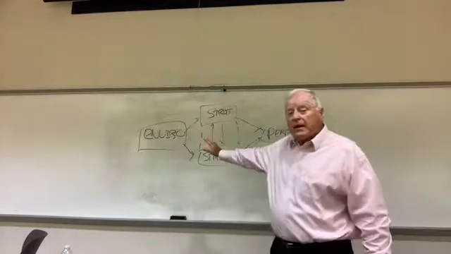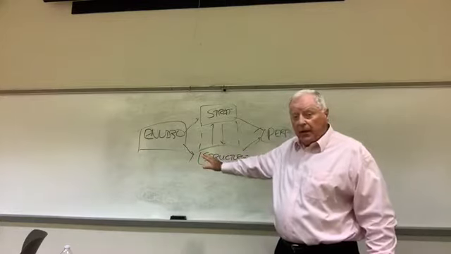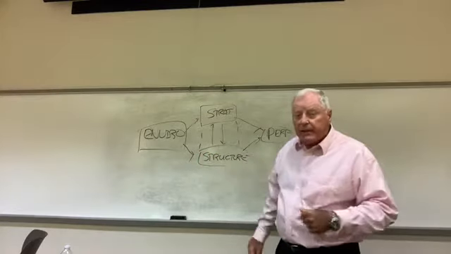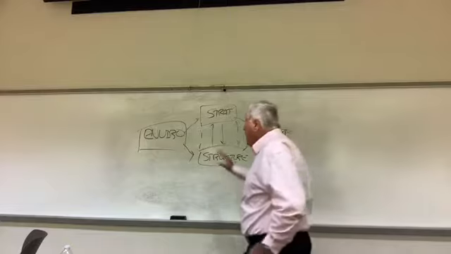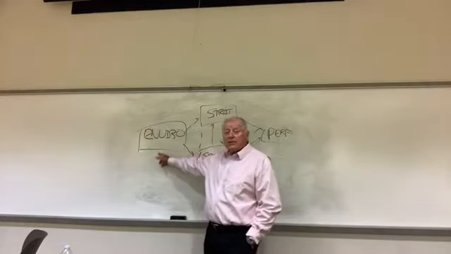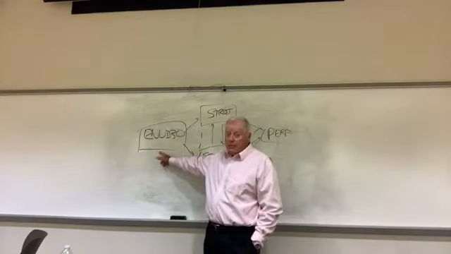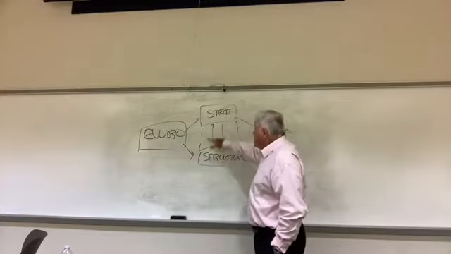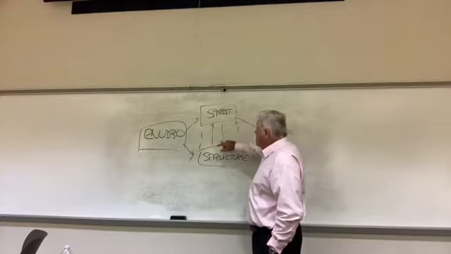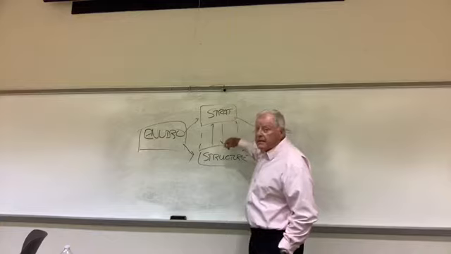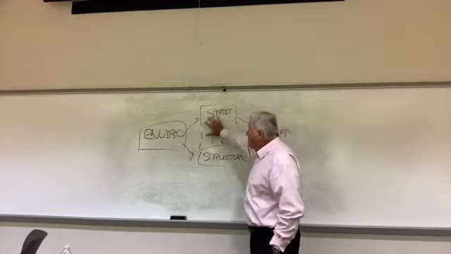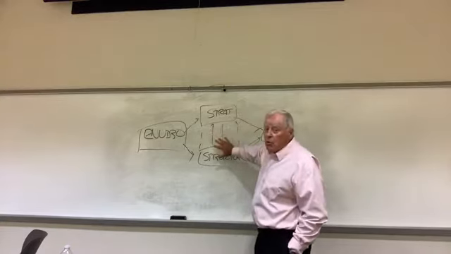I have 4 boxes on the board, and if they're not abundantly clear as you look at it, I'll make them clear. The box on the left is just an external variable called the environment. This box in the middle, I have 2 things stacked, and I have dotted lines as the outer boundaries. This big box is the firm, your firm.